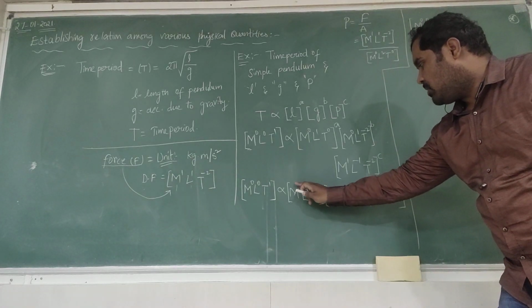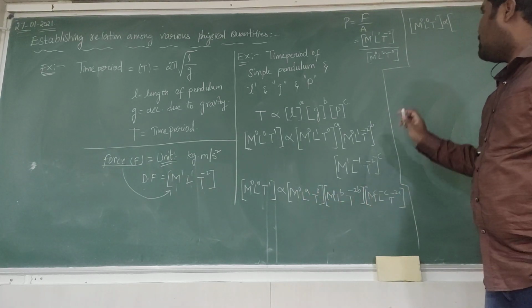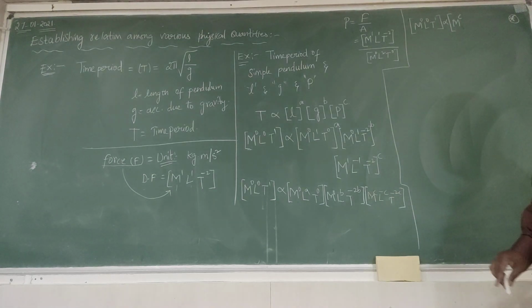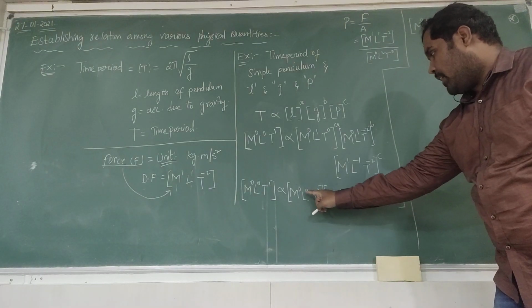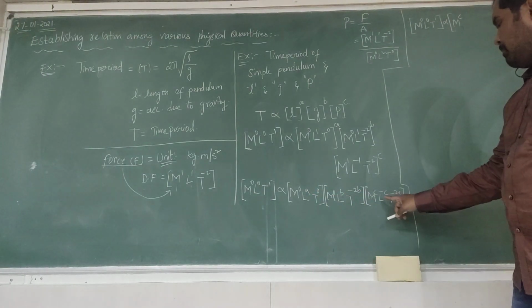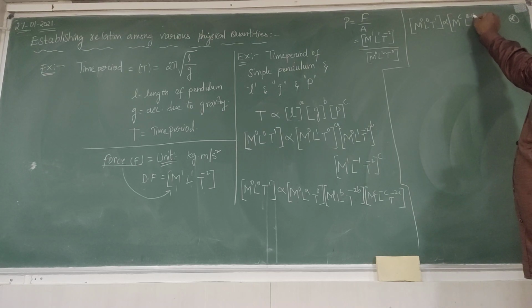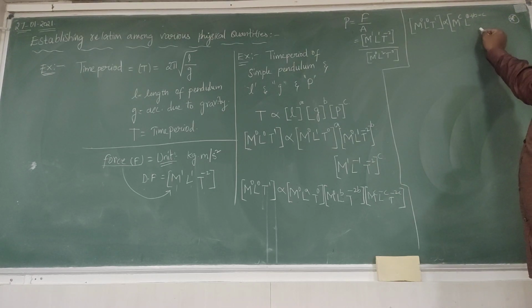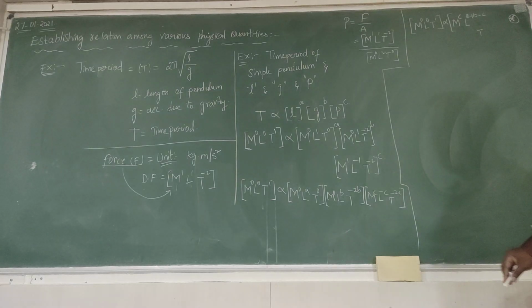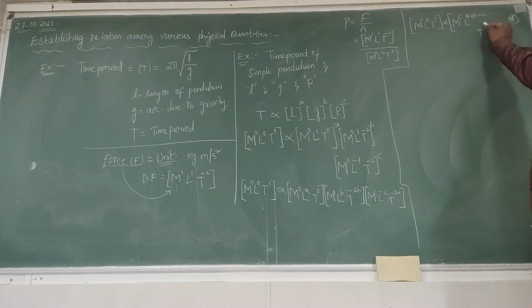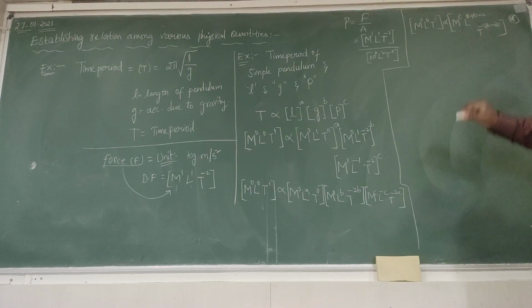So M power 0 plus c is going to be M power c. Next, L power a plus b minus c. And then T power 0 minus 2b minus 2c. So this is your dimension finally.